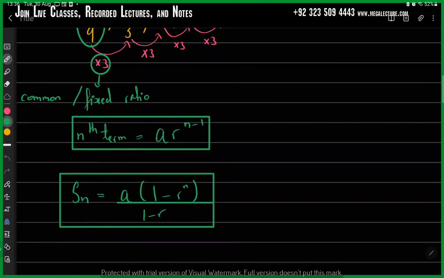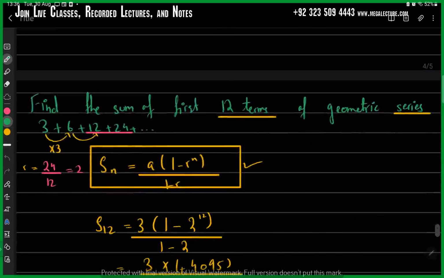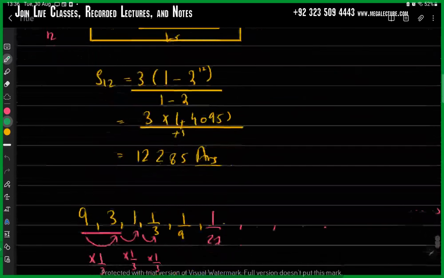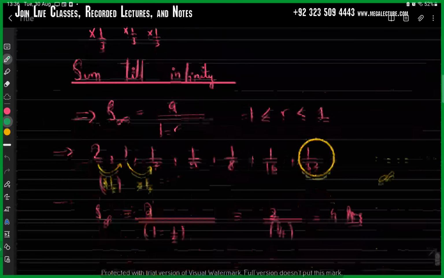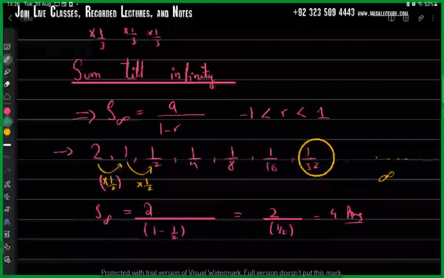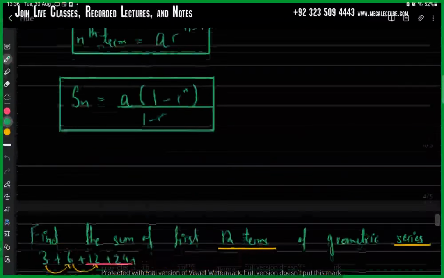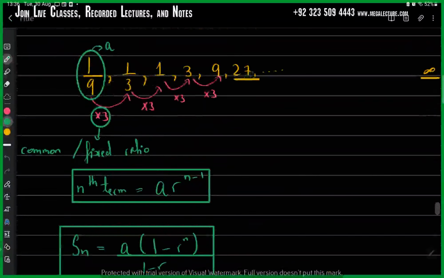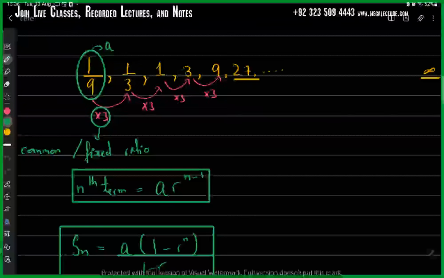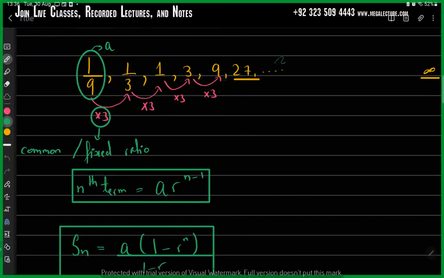Next concept was a bit different. Now again, you have a geometric progression, but if you notice the previous one, our terms were increasing. The first term was 1 by 9, then 1 by 3, then 1, 3, 9, 27, then 27 multiplied by 3, and so on.